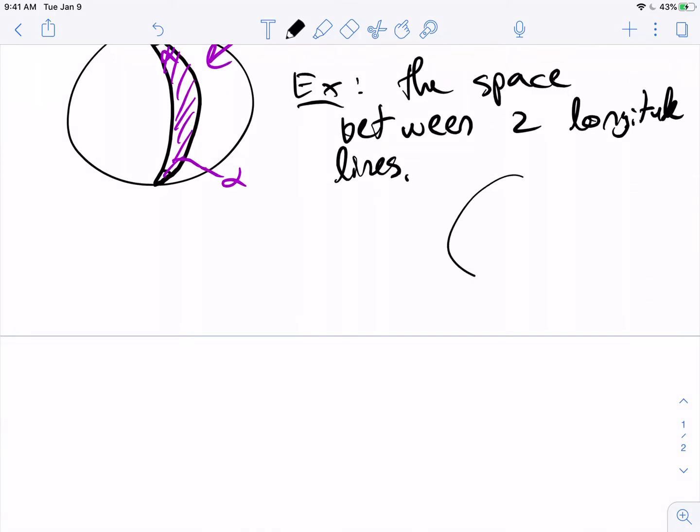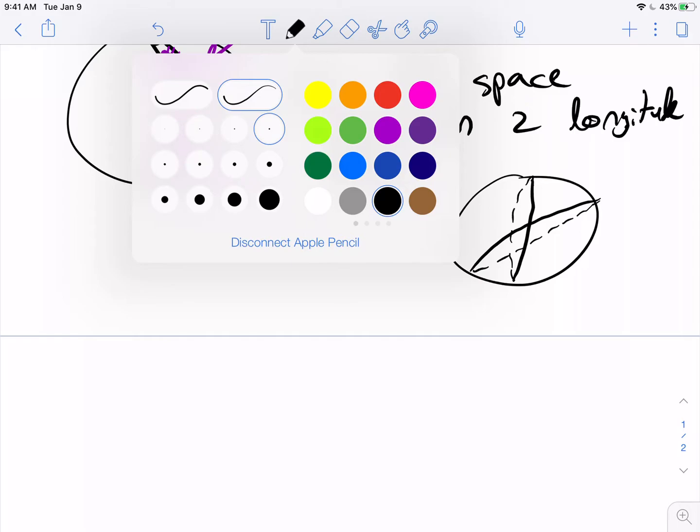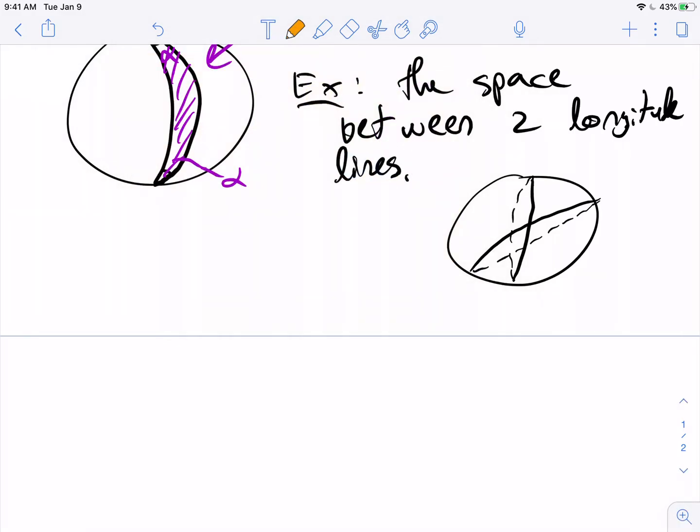So we could have some other geodesics, like if I chose these two, then you can see here that there's actually four choices of lune coming from these geodesics, and each of these is a lune. Maybe I look at this space right here. That's a perfectly good lune. Okay, so that's the definition of a lune.